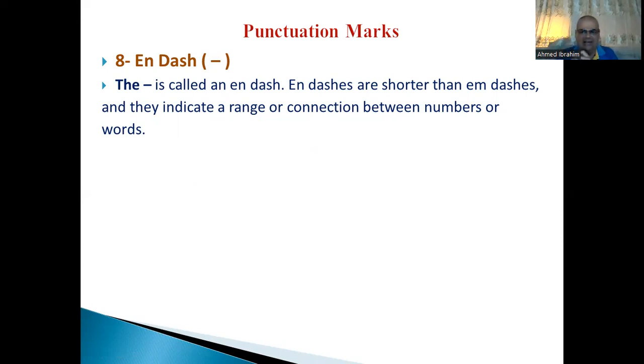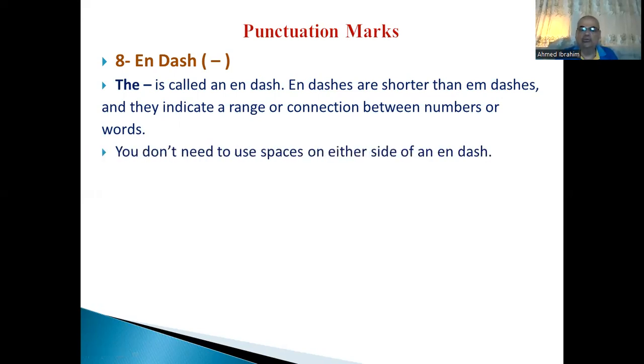En dashes are shorter than em dashes and they indicate a range of or connection between numbers or words. You don't need to use spaces on either side of an en dash.